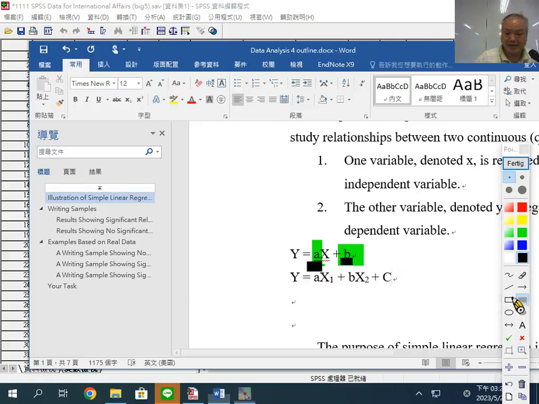And the other one is whether we could have a formula like this. So the very simple process of using simple linear regression analysis can tell us a lot of information about this equation.